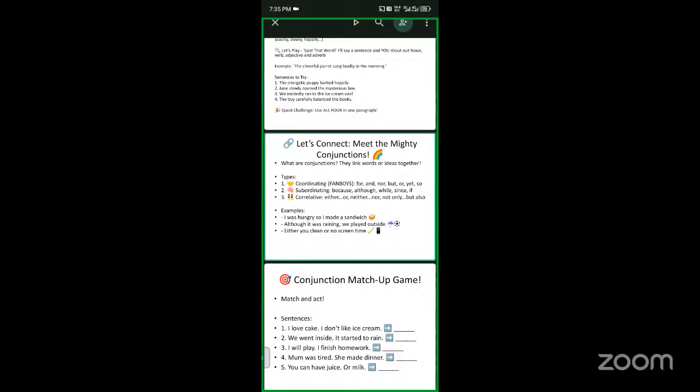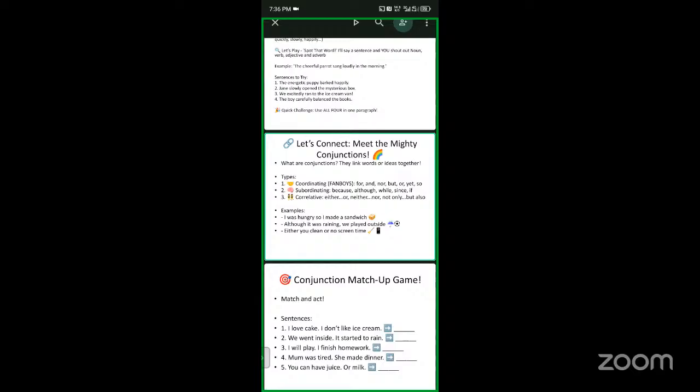Correlative is the third type, it's on its own. Under subordinating, you have because, although, while. So under coordinating, we have FANBOYS: for, and, nor, but, or, yet. So under subordinating, can you list them for me?